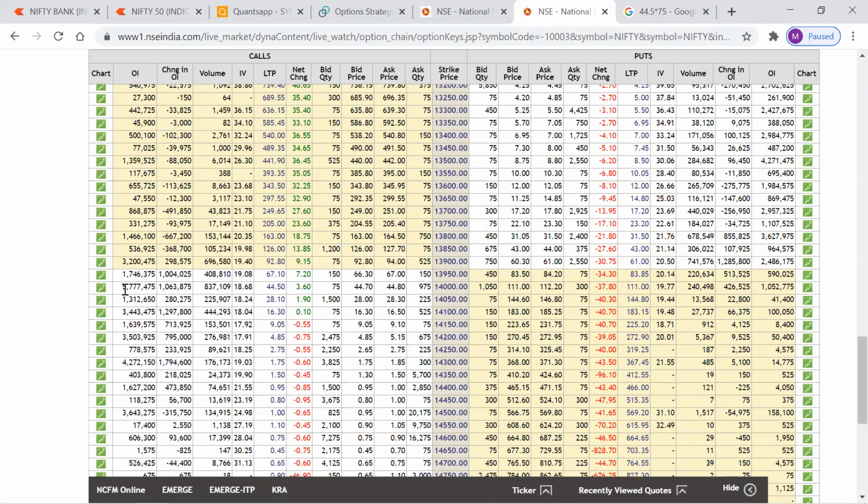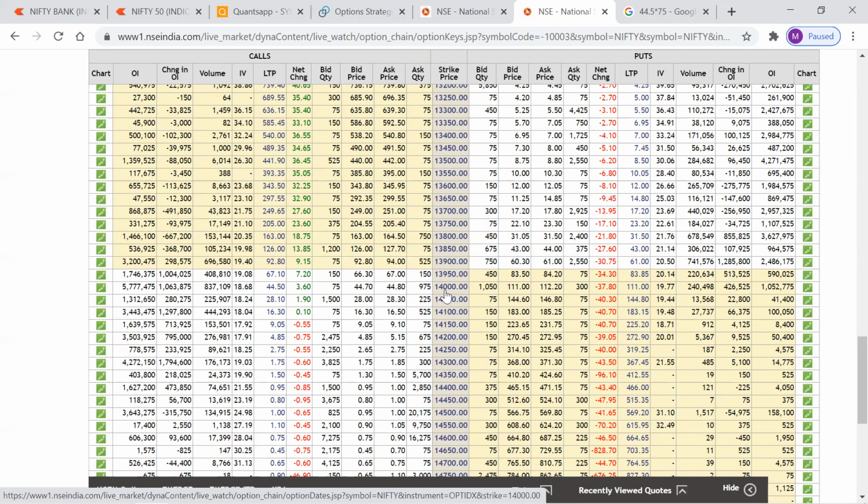See, 57 lakh 77,475 orders are ready to get executed when the market reaches 14,000. That means 57 lakh 77,475 orders will get executed when the market reaches 14,000.